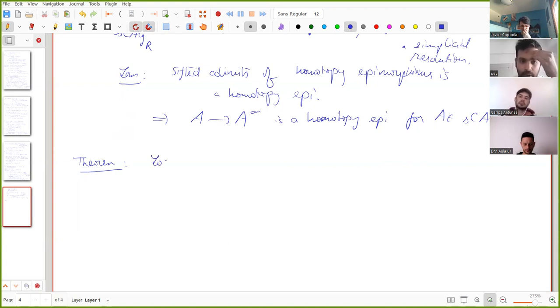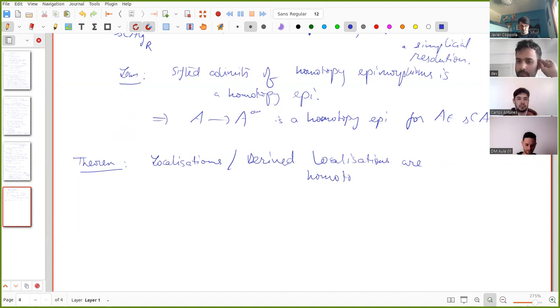So localizations, or derived localizations, are homotopy epimorphisms.